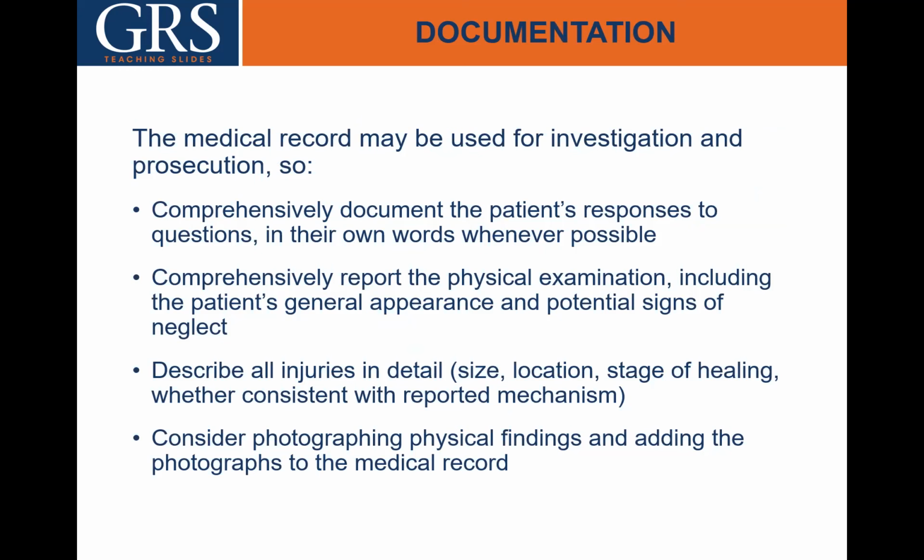The medical record can be used for investigation and prosecution, so we need to write a very comprehensive document: the patient's response to questions, the physical examination we did, and the injuries we found. We can also take photographs and add the photographs and physical findings to the patient's medical record.